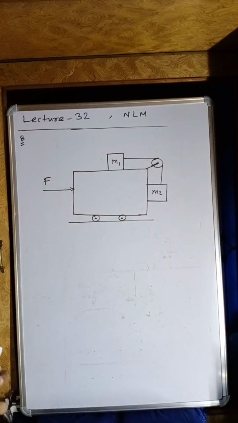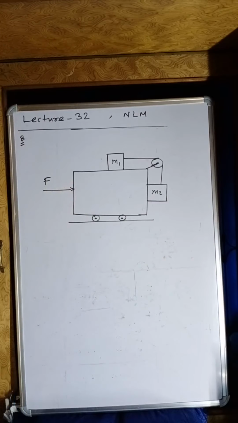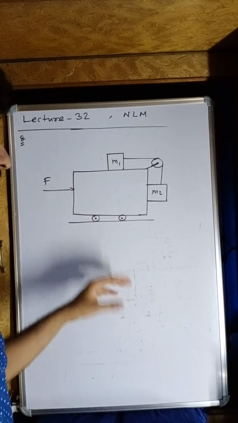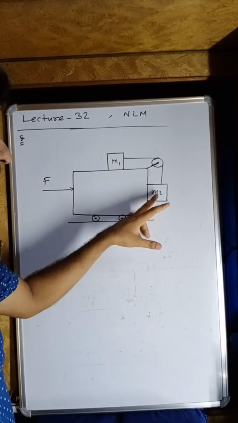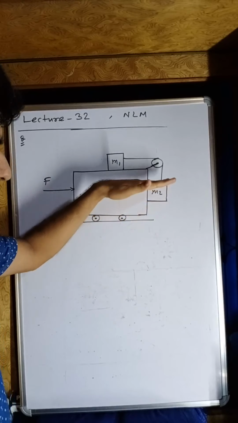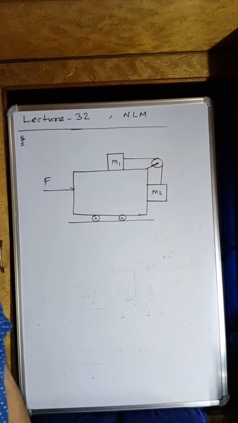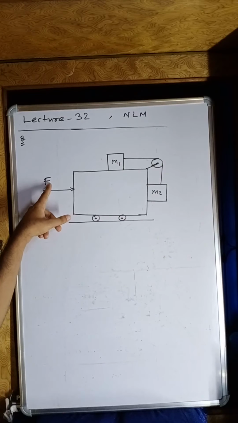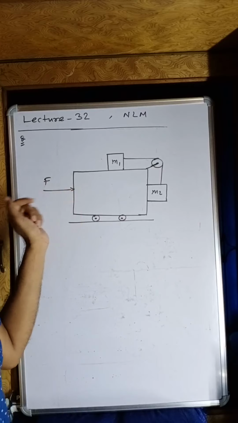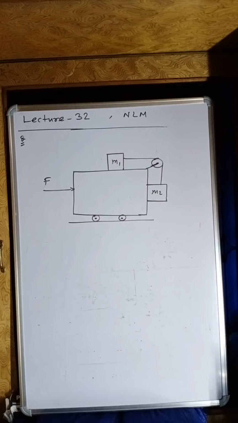What will happen, my dear students, if this trolley is not moving? If there is no force acting and the trolley is static, then what will happen? If M2 is acting over here, there is no friction, so it will move down and it will move forward. Here in this question, you have been asked what should be the minimum force applied on the trolley so that those two blocks do not slide.